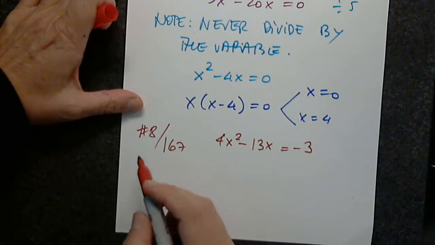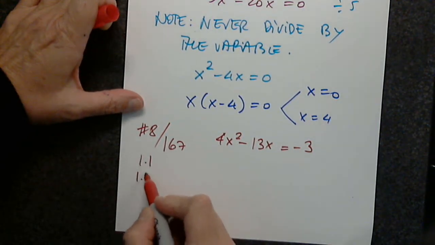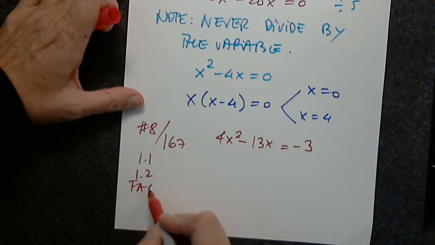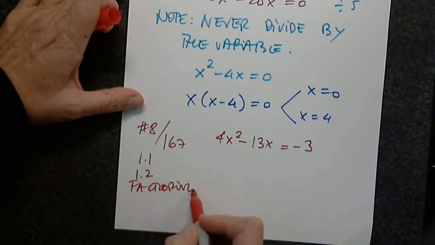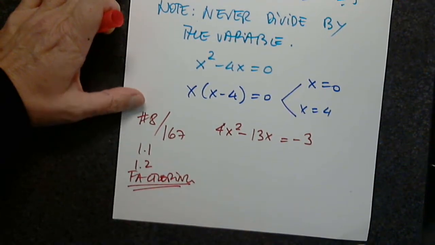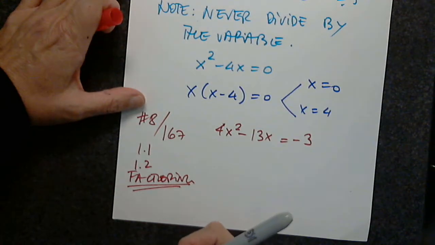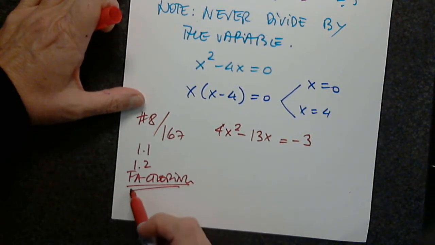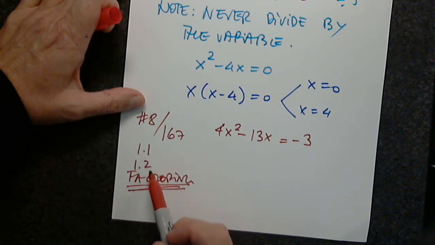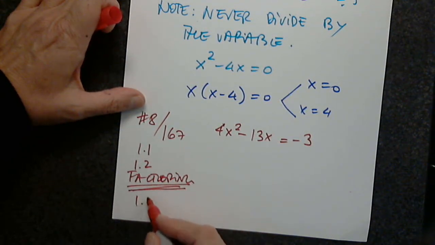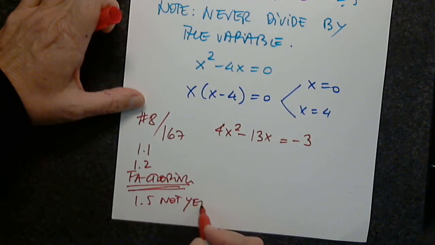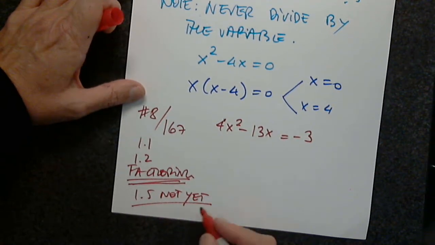Let's finish this one. But I want to remind you that 1.1, 1.2, the factoring, the extra factoring assignment in my lab math, and 1.1 and 1.2. 1.5, not yet. Unless you want to just do the factoring.